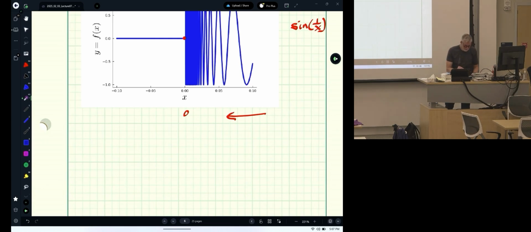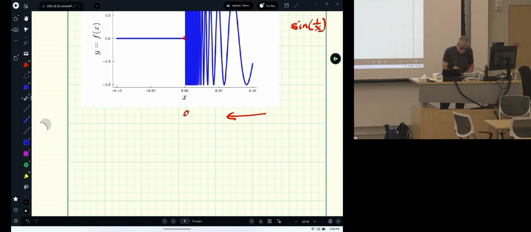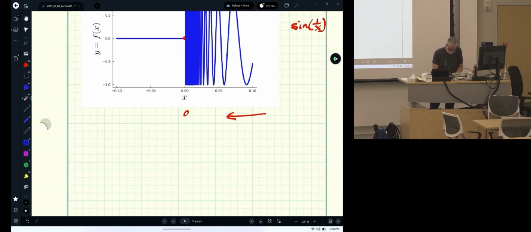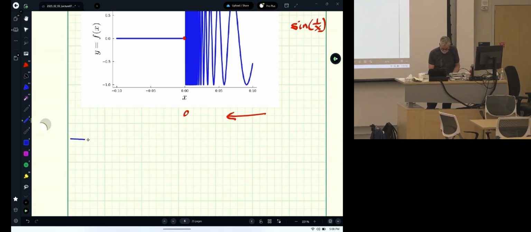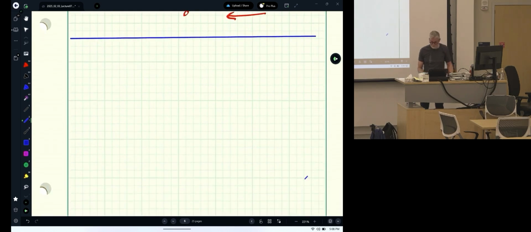Okay, so now here's the big payoff. Hopefully you think it's a big payoff. For me, it's a huge payoff. I want to define formally continuity at a point, and we're going to use it to help us simplify the computation of limits for functions that are continuous.